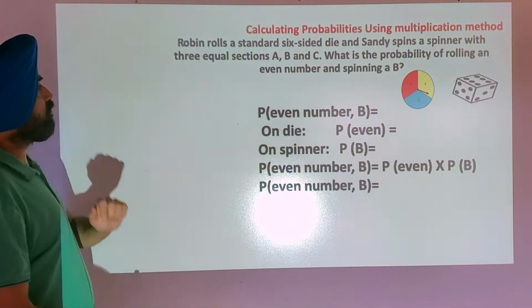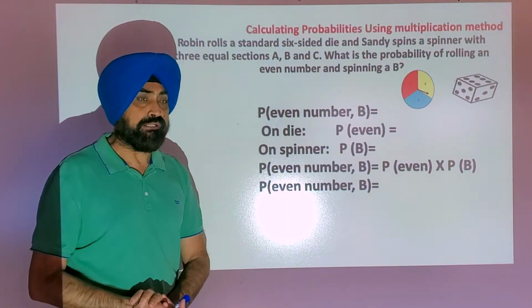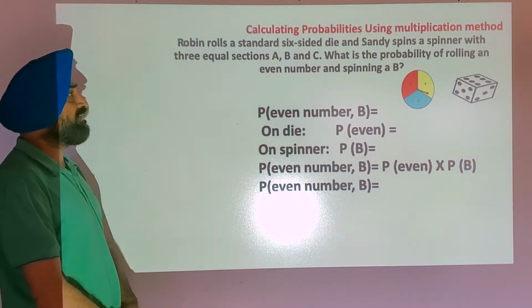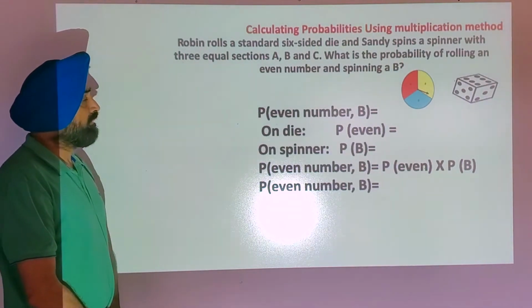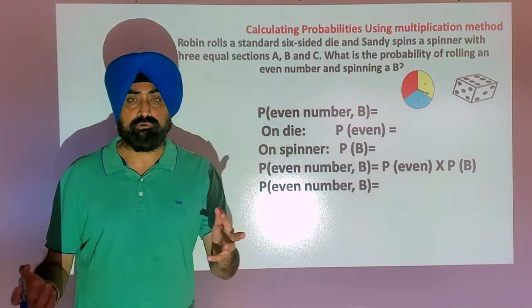For example, this question: calculating probability using the multiplication method. Robin rolls a standard six-sided die. On a six-sided die, there are the numbers 1, 2, 3, 4, 5, 6.